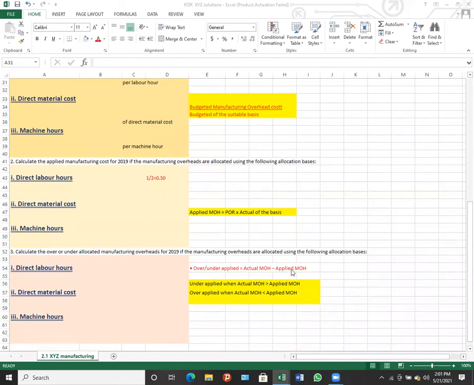Remember, if your actual is less than applied, it is under applied. If your applied is greater than your actual, it is over applied.